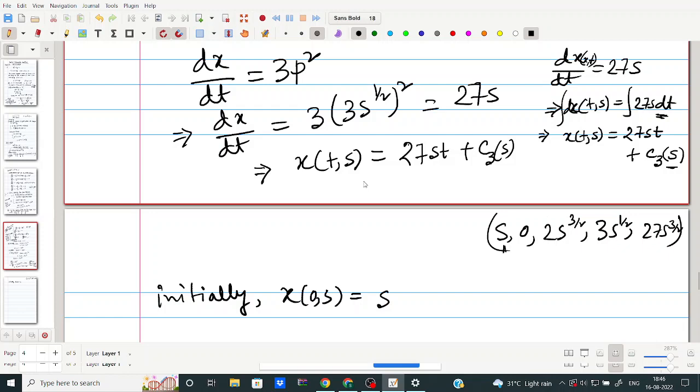So let me put 3 into 27 plus 27 into minus 1 minus C, which is 54. So this is equal to 81 minus 27 minus 54 equal to 0. So the answer is option C: 27, minus 1, 54.